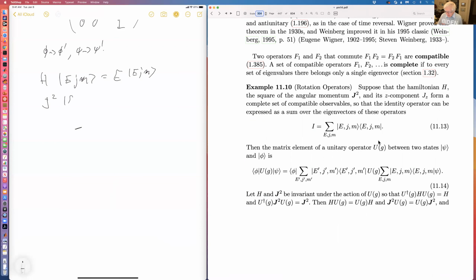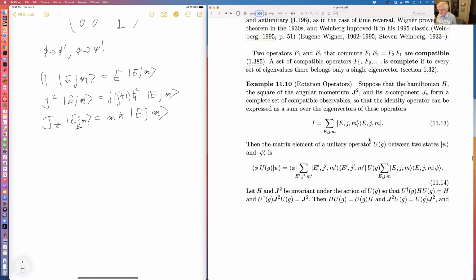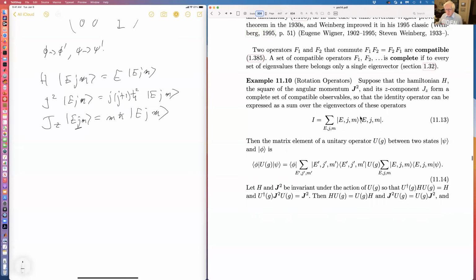J squared on EJM is equal to J(J+1) H bar squared times EJM, and JZ on EJM is equal to M H bar times EJM. These operators all commute with each other, and so these are the sum of outer products. By the way, one of the things that Dirac invented notationally was this symbol here for what he called the bra. This is the ket, that's the bra.